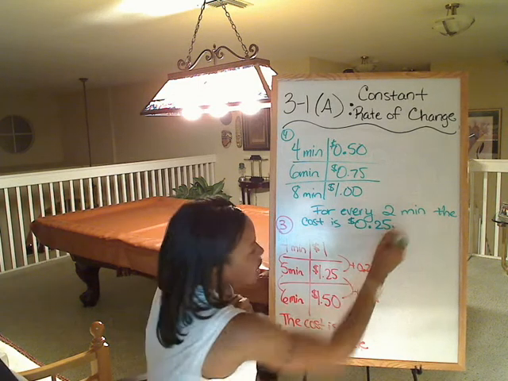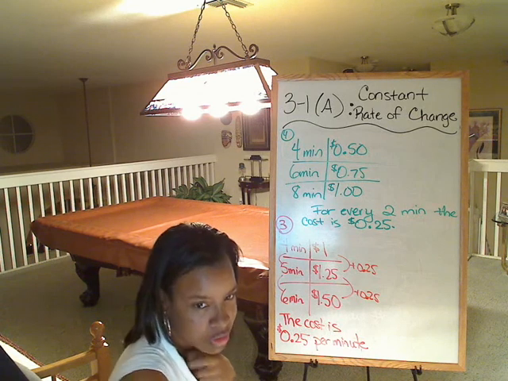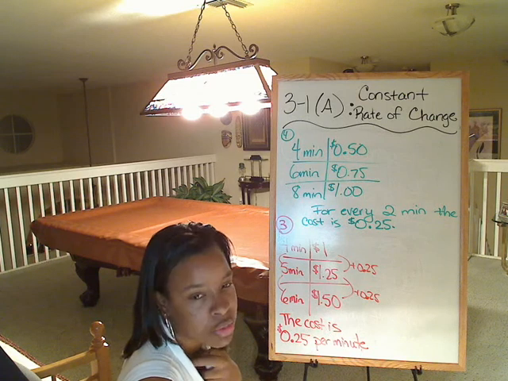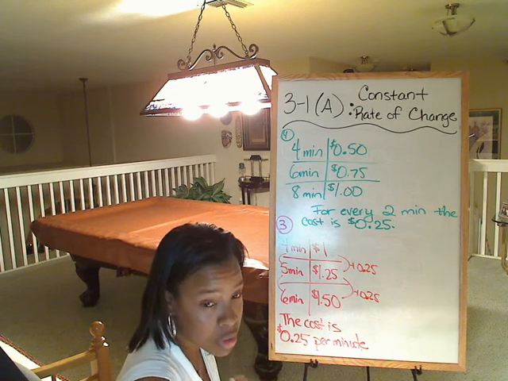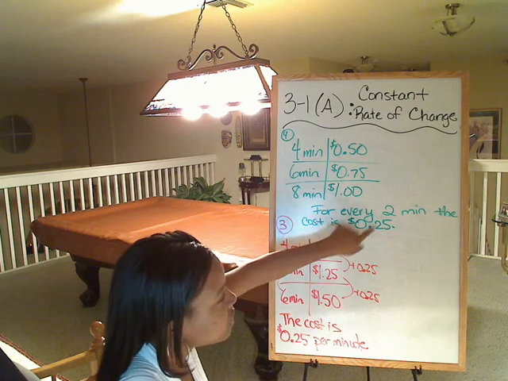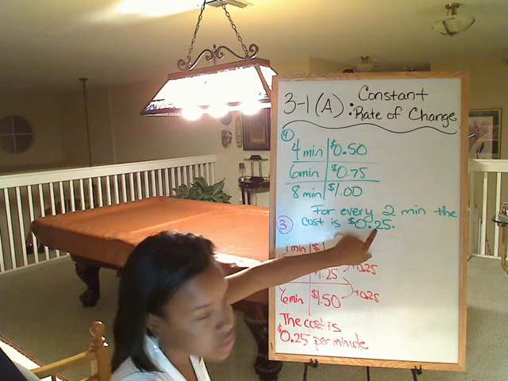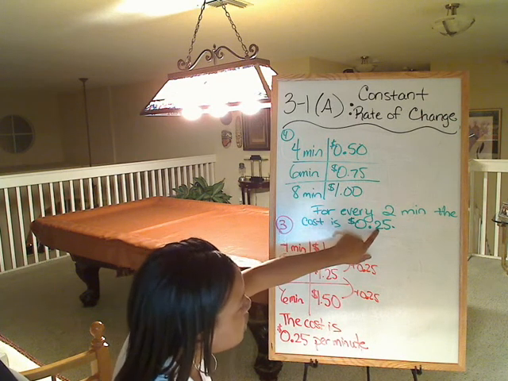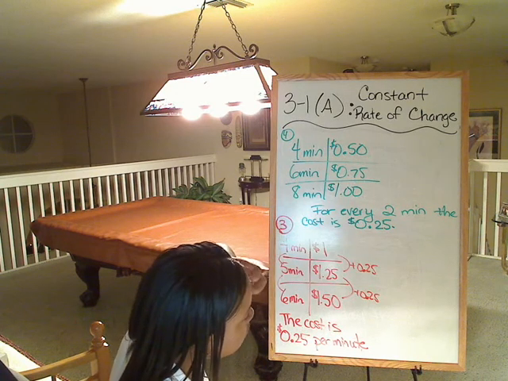Usually we don't charge for 2 minutes. When you go buy your cell phone, they tell you the cost per minute, for 1 minute. So if it's 25 cents for 2 minutes, all we have to do is divide 25 cents by 2 to find out how much the cost is per minute. When we do that, we get 0.125.